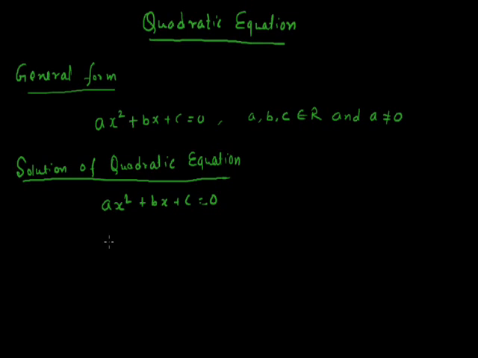Now take common a. So this will become a times x square plus b upon a multiplied by x plus c by a equal to 0. Now a is not equal to 0, so we can write x square plus b by a multiplied by x plus c by a equal to 0.